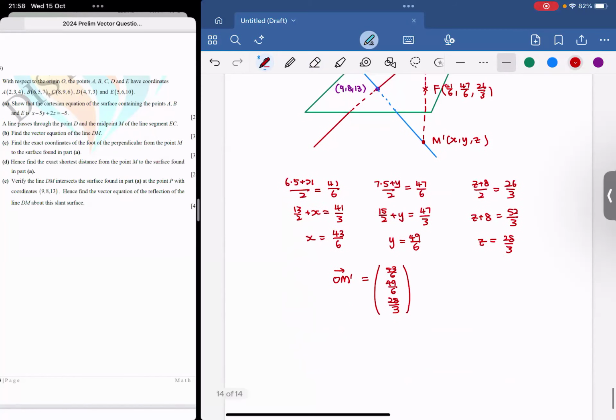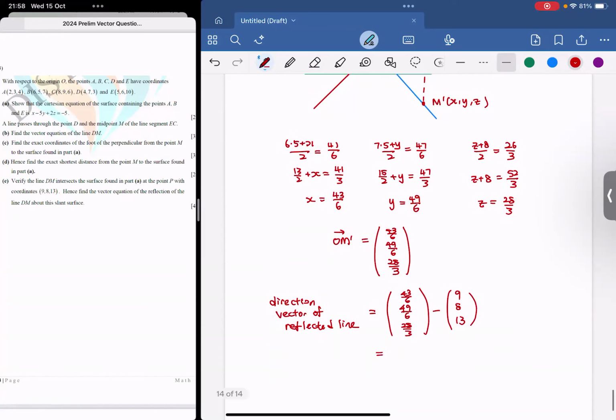Now I can find the direction vector of the reflected line, which is just equal to this subtract away (9, 8, 13).